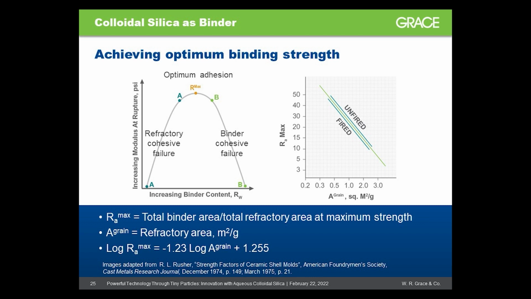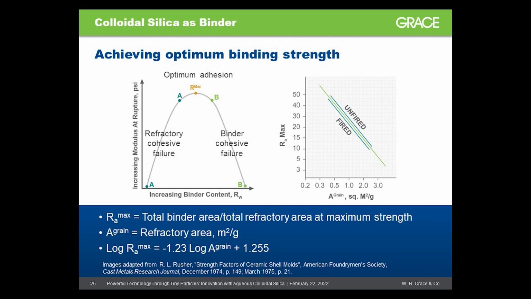What Rusher found was that the important parameters were the total binder surface area in relation to the total refractory surface area. Each of these is calculated as the mass fraction of the component multiplied by the specific surface area of that component.